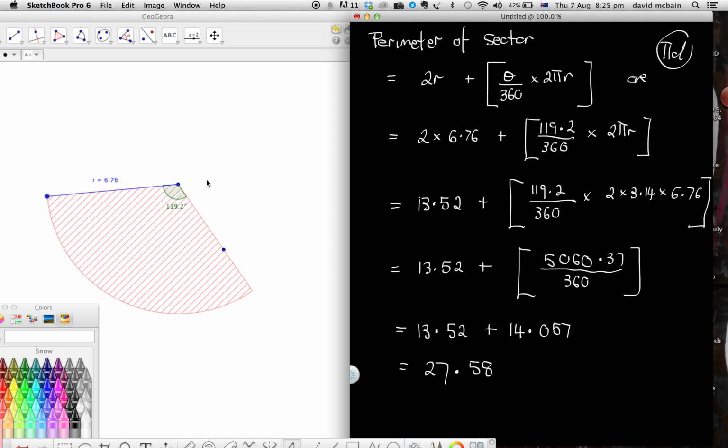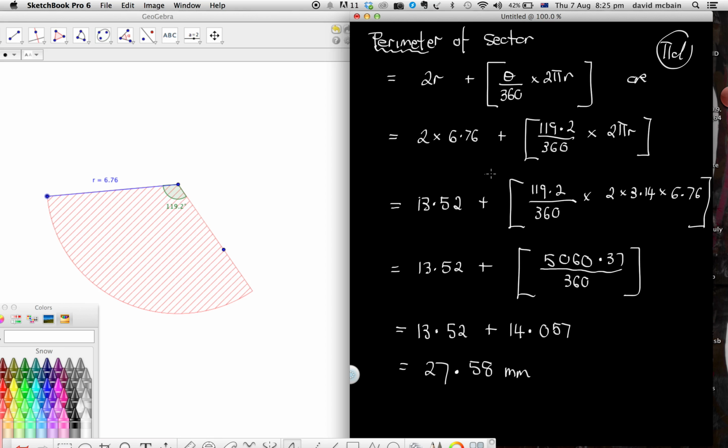Now, if our radius was measured in millimeters, then this would be our total perimeter in millimeters. Remember, this is the perimeter, so it's not millimeters squared, it's just millimeters.